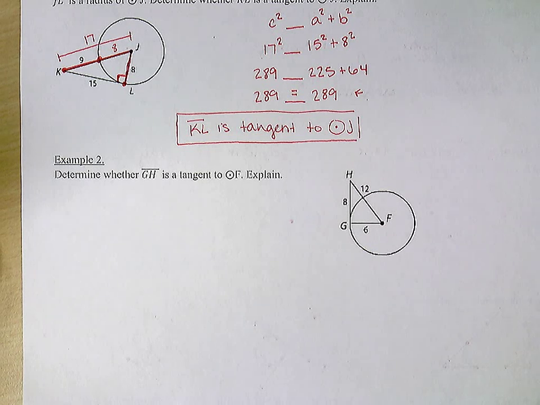So then this would be a squared plus b squared, right?